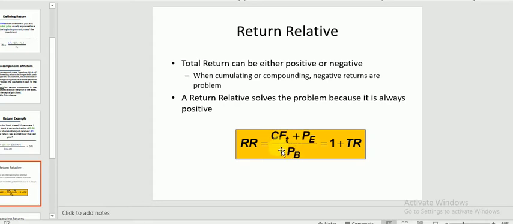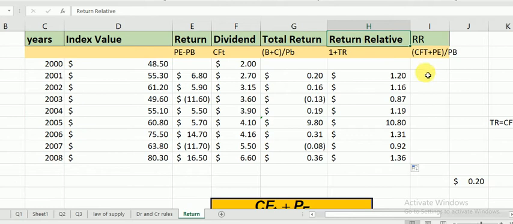PE is the current price and PB is the old price. Now we calculate this.